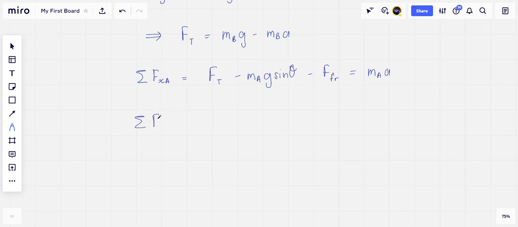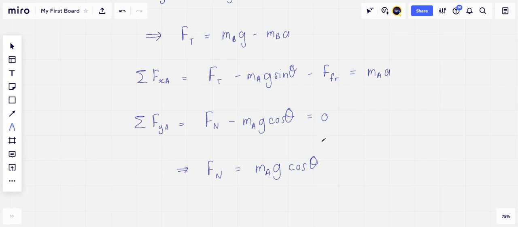Similarly, for block A, if we take the sum of the forces in the y direction, we get the normal force Fn minus mA times g cosine theta, and this must equal 0, since there's no net motion in the y direction for block A, which means that the normal force Fn must equal the component of the weight of A perpendicular to the plane, which is mA times g times cosine theta.